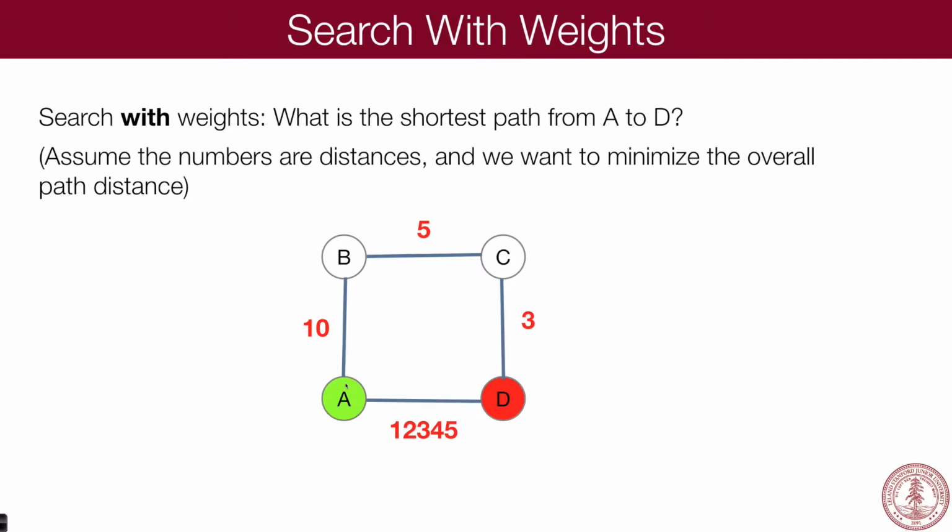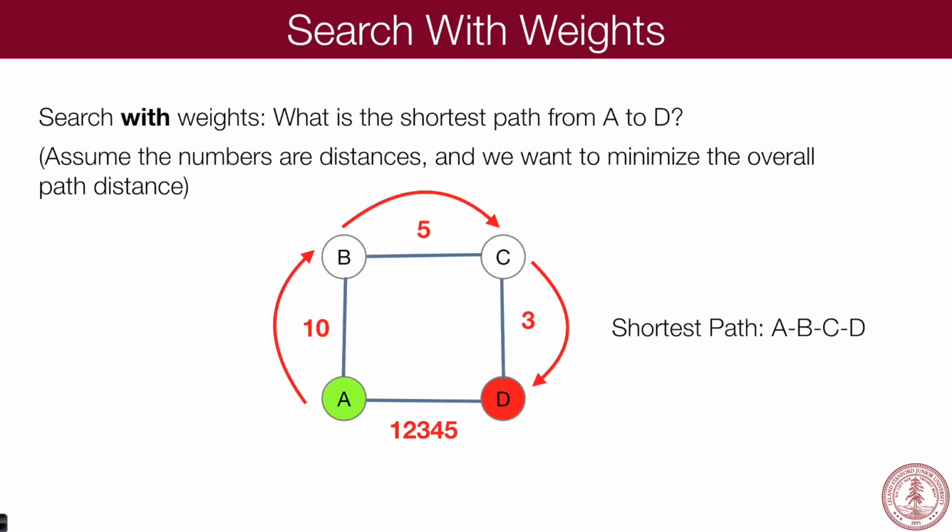Okay, so the path length here is A, B, C, D, and that's now the shortest path because we're assuming that the numbers here designate, let's say, the distance between the two. So this might be going over some giant mountain to get from A to D, and this way it's going around some other path. Okay, so this is what we have to think about, and this is what we're going to do.